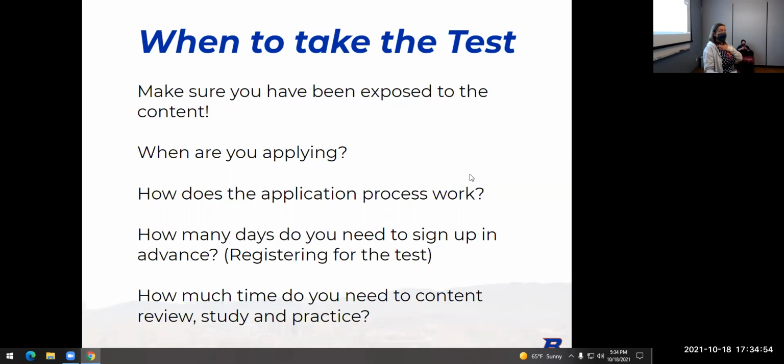Here's the drawback. If you rushed it because you were like, I have to be early, I have to submit an application on June 2nd, and you didn't study enough, you're going to have to retake the test. And that's fine. Some students will plan around that benefit.